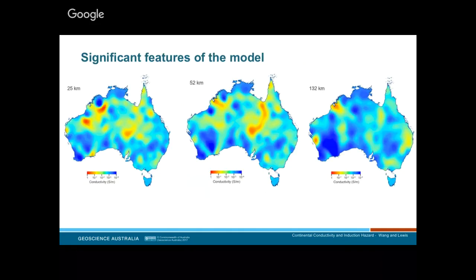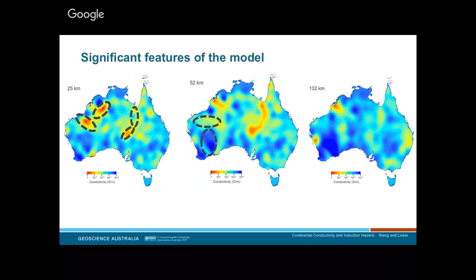So here I highlight a few conductivity maps at different depths. The first one, this figure shows the cluster elements between the two major Australian cratons, northwestern and north and Central Australia craton.